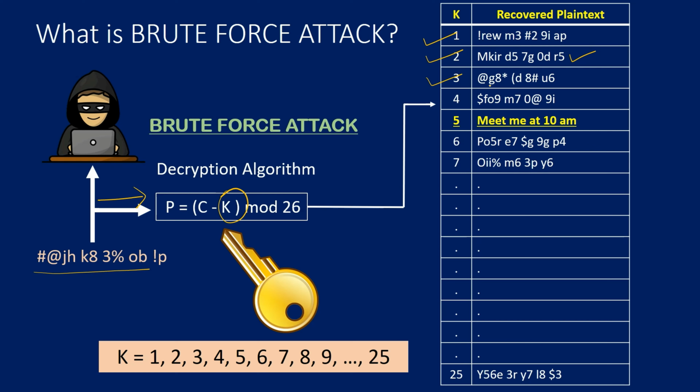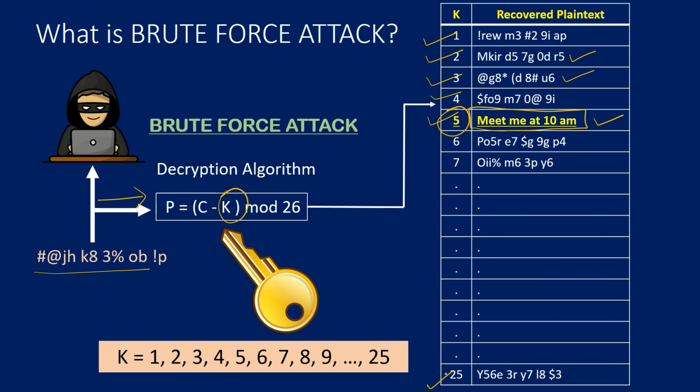Then he takes key as 3, again decrypts the ciphertext and checks if the recovered plain text makes any sense. So on and so forth, he tries for different keys. As you can see here, when he uses key as 5, the decrypted message, that is the recovered plain text, makes a sensible message. If he could not recover the message at key number 5, he would have proceeded ahead to check the different keys till he reaches 25.